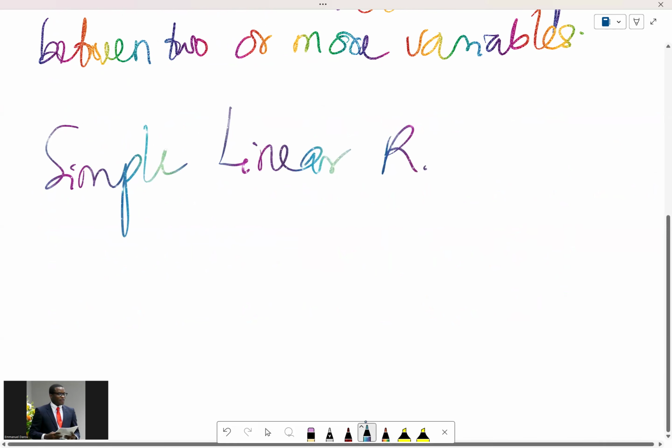So this y is the dependent variable. The dependent variable is what you are predicting.